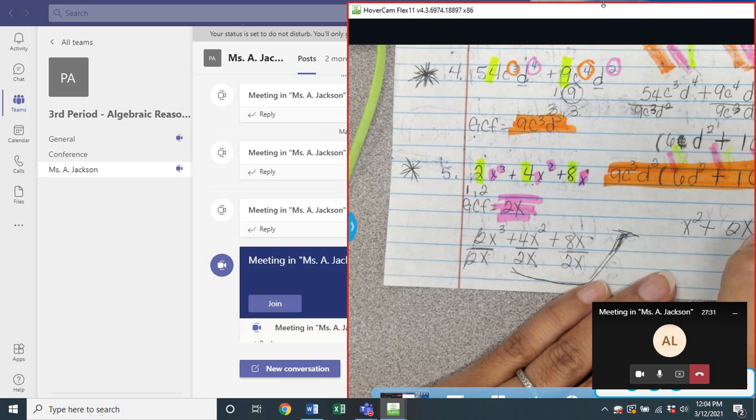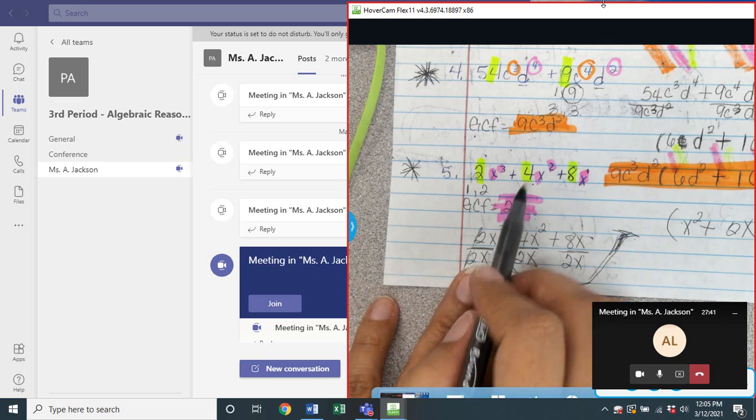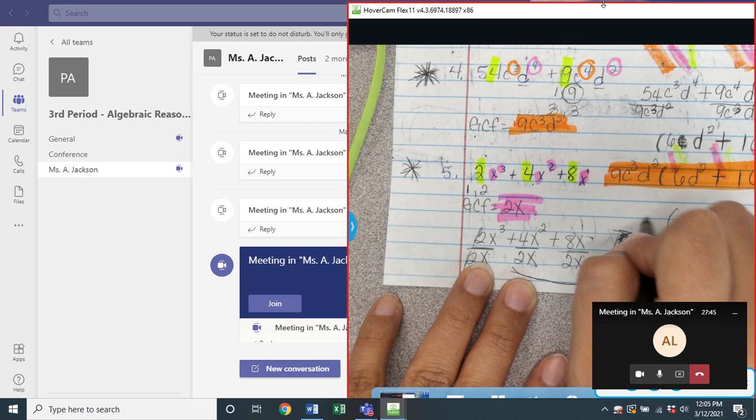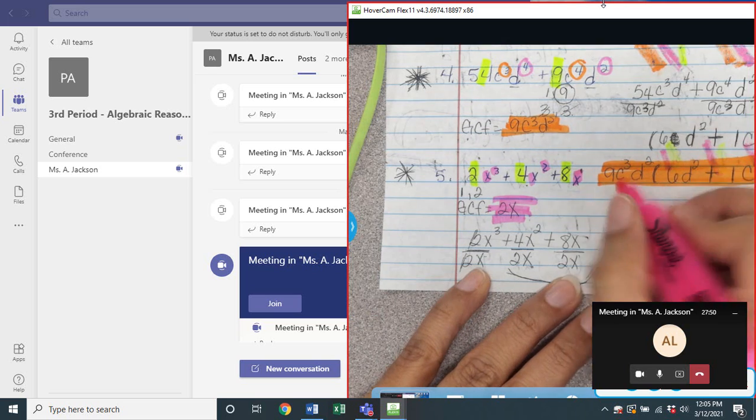Okay, good job. The next one. Plus 4. Good job. So I have my answer, my first part. Now I'm going to write my greatest common factor, which is 2x. And this is your answer.